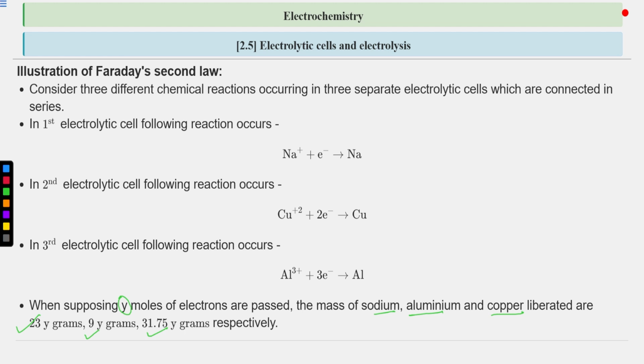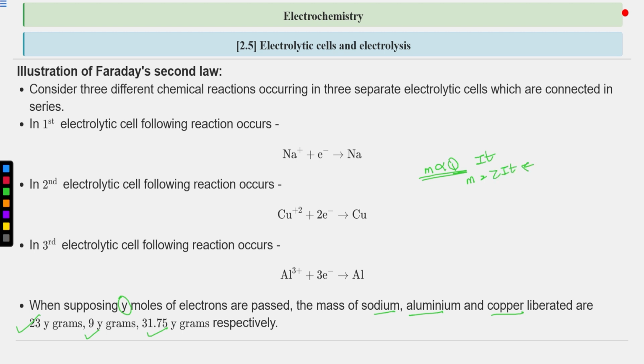So here we are just illustrating Faraday's second law. If we repeat what Faraday's second law was: the mass of the substance which is depositing over the electrode in the cell reaction is directly proportional to Q, and Q equals I times T. So m is given as Z I T in our first law.